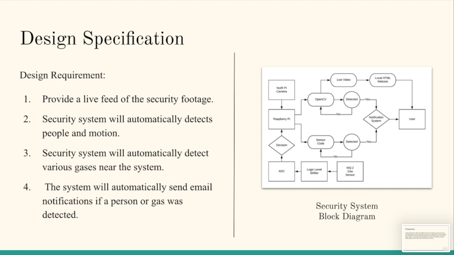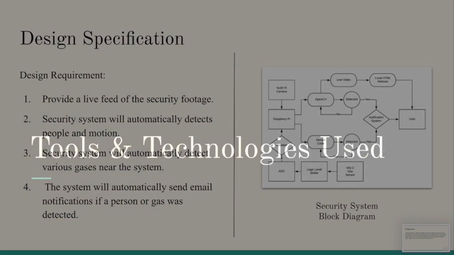In the video's case, it would be sent to OpenCV, where it would constantly relay live video to a local HTML page for the user. At the same time, both of these programs run checks to see if anything was detected. If not, it keeps looping back. If so, it sends it to the notification system, and it relays an email to the user.